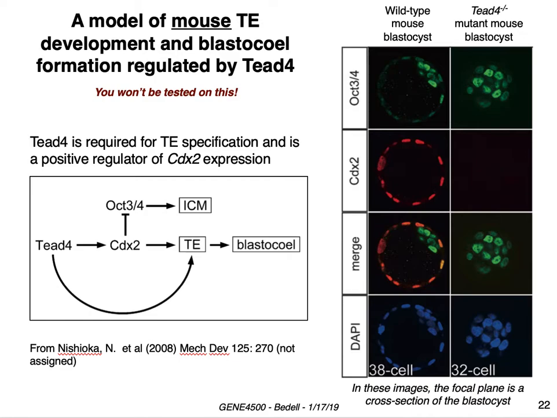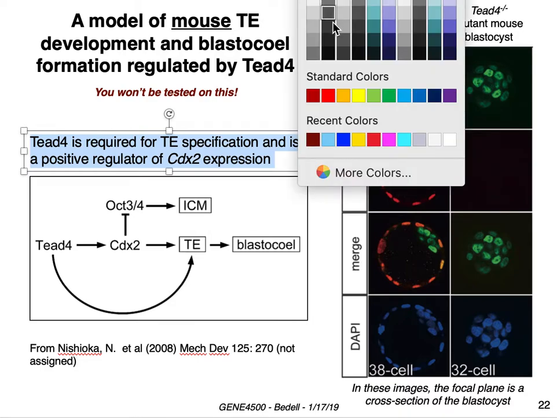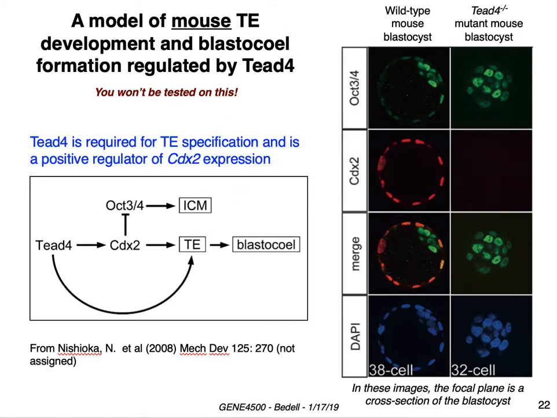And DAPI is a stain, almost always seen as a blue signal, for DNA, the nucleus. So this is the example where CDX2 is a positive regulator for trophectoderm-specific genes, and a negative regulator of OCT4, which is required for ICM expression.